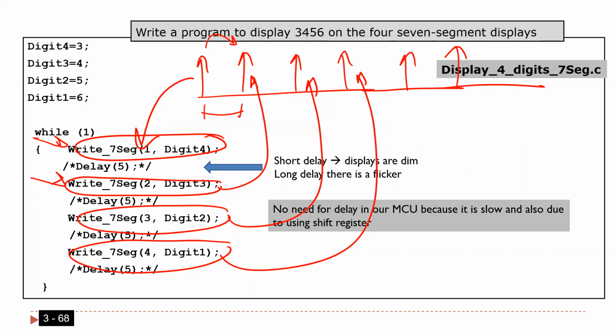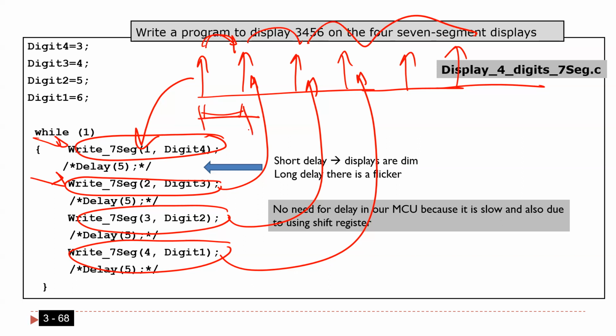It means you have to reduce the timeout of your timer because you wait too much. The time from here to here is too much. That's why you cannot see a stable number. You got what I'm saying? If you see flicker, it means the timeout of your timer is too long, so you interrupt too rarely. That's why it's not a stable number. You have to reduce the time.